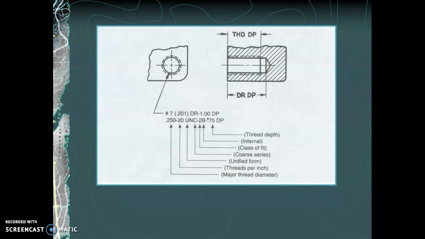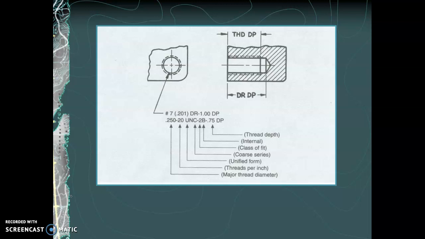In addition, in this note, it also tells us the depth of the threads. The threads don't always go all the way down to the bottom of the hole, so the hole might be deeper than the threads. In reality, you need to have the hole be a little deeper than the threads, because after the hole is drilled, the threads are cut with a tap.